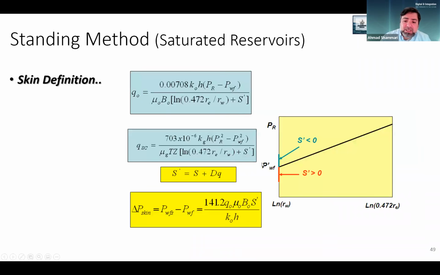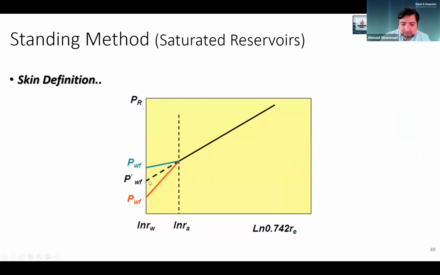Ideal drawdown is this one here. This is ideal drawdown. Actual drawdown is this or this, okay? So if the actual drawdown, or let's put it this way, if the slope is going positive a little bit, that means the flow efficiency becomes more than 1, because the actual drawdown is less than the ideal drawdown, okay?